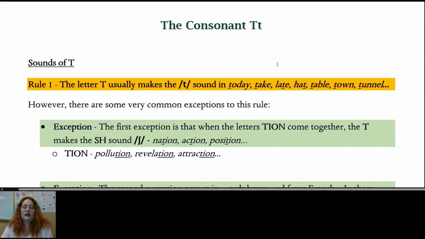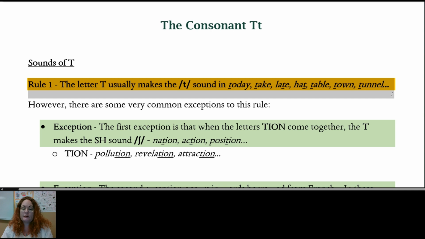Okay, let's take a look at the consonant T. The most common sound of T is t, t, t. For example, today, take, late, hat, table, town, and tunnel.